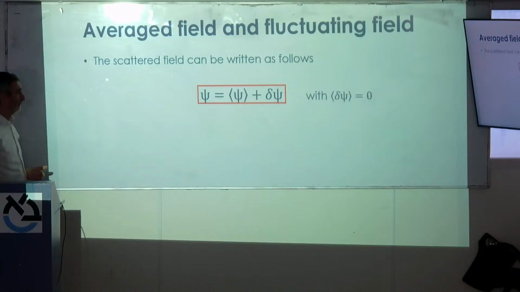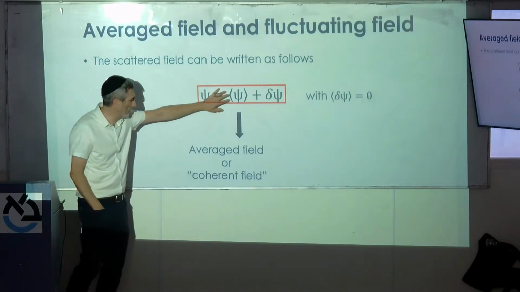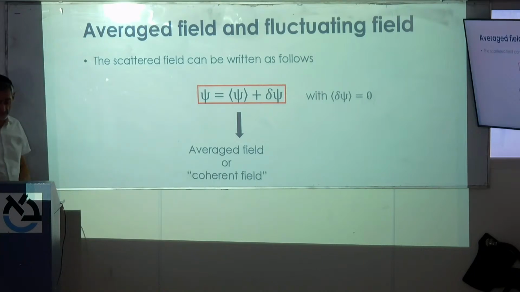That's by definition of this writing. So this term is the average field, what is also called the coherent contribution to the field, and this term is the fluctuating field, or what is called the incoherent field.